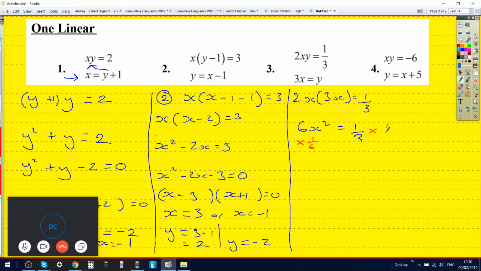And then we have to find the square root of that. So square root of 1/18 is, it says square root of 2 over 6.